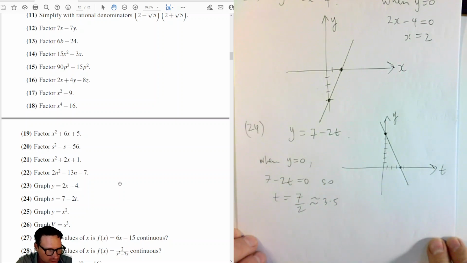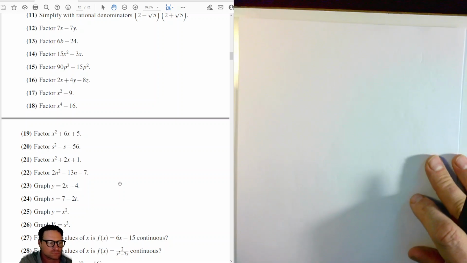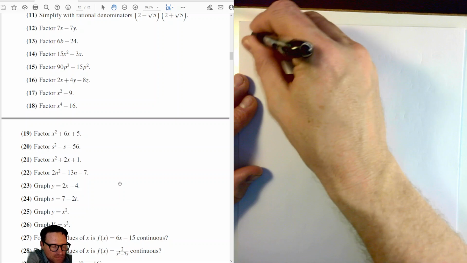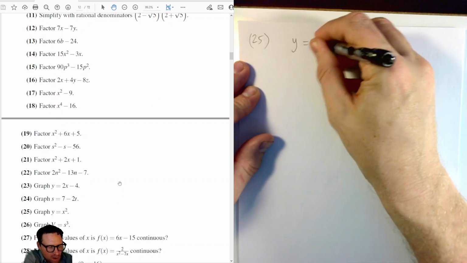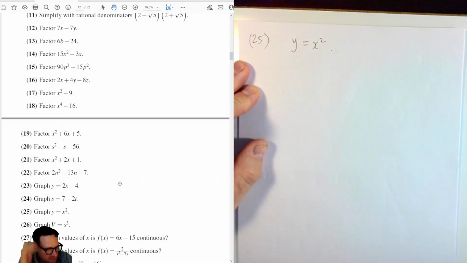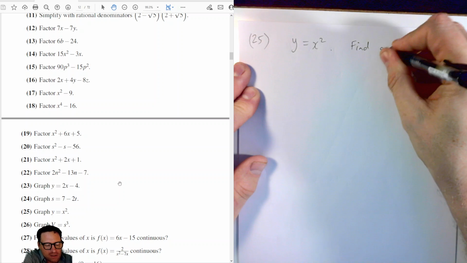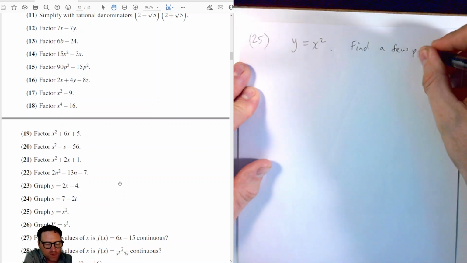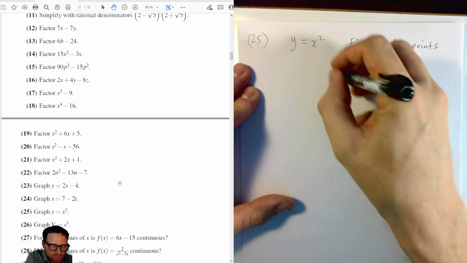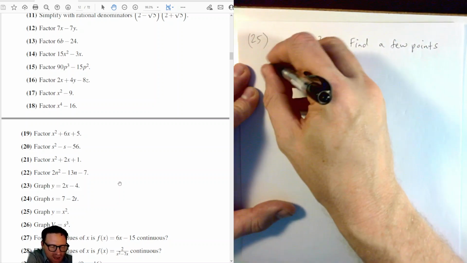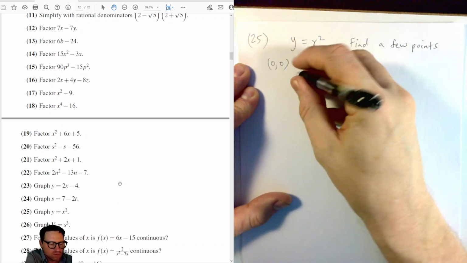Okay, moving on to question 25. So in question 25, we are asked to graph y equals x squared. So for a curve like this, I would suggest to you to find several points. So find a few points. Okay, so when x is 0, y is 0, so we've got the point 0, 0.